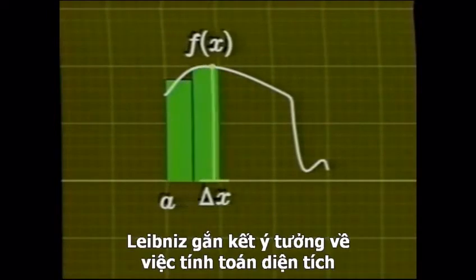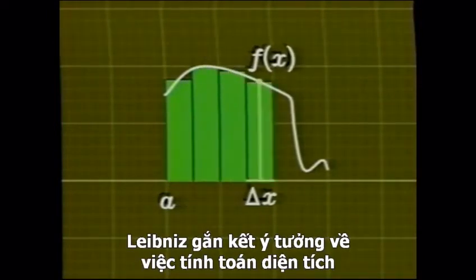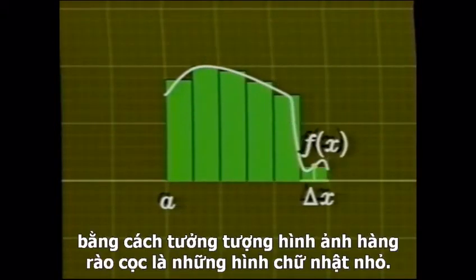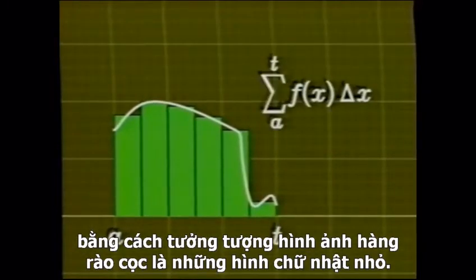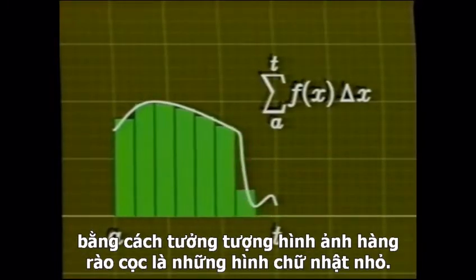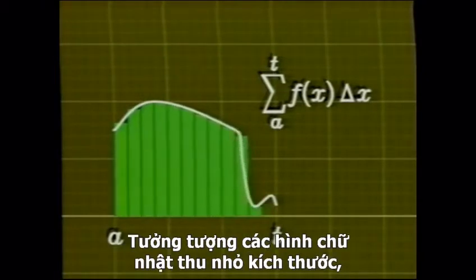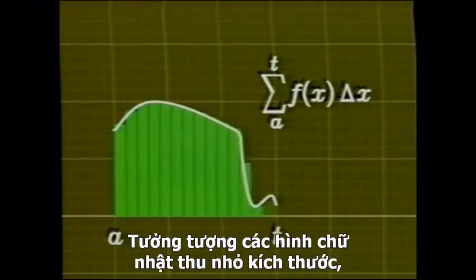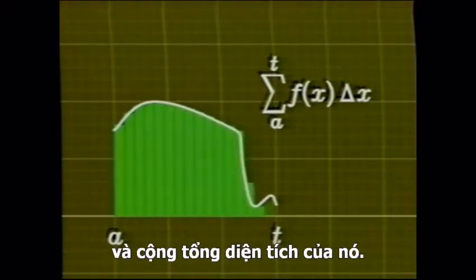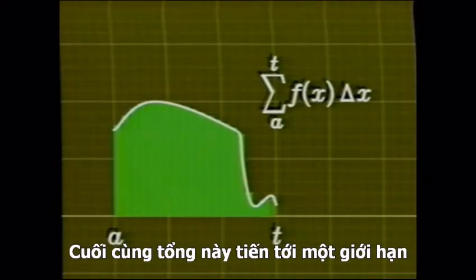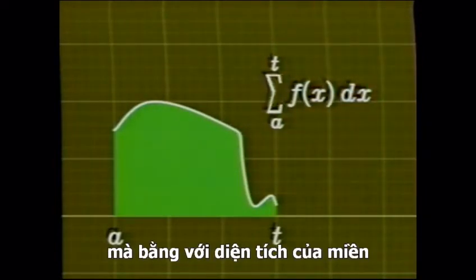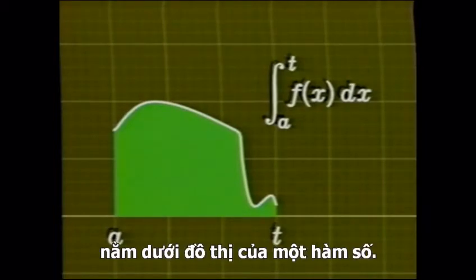Leibniz incorporated the idea of calculating area by imagining a picket fence of little rectangles. Imagine them diminishing in size and add their areas. Eventually, their sum approaches a limit, which is equal to the area of the region under the graph of a function.